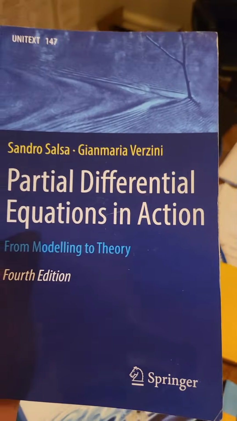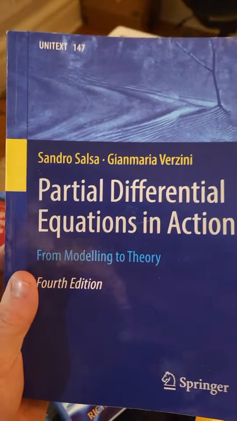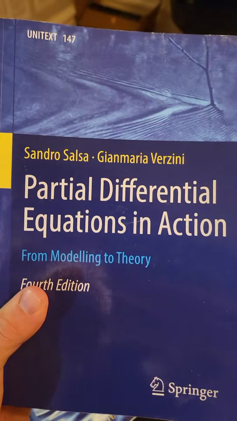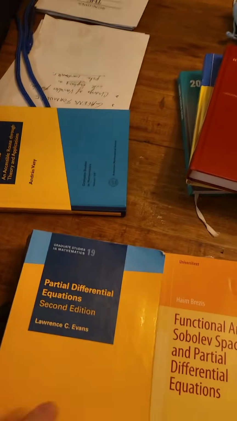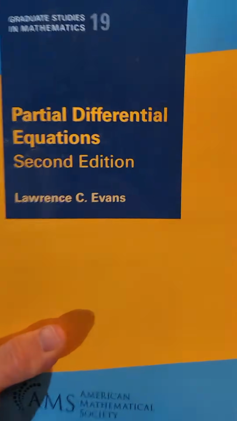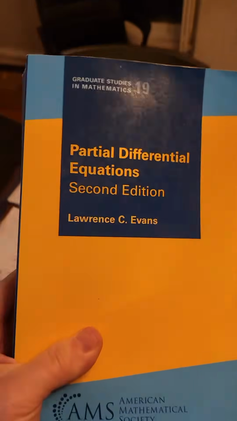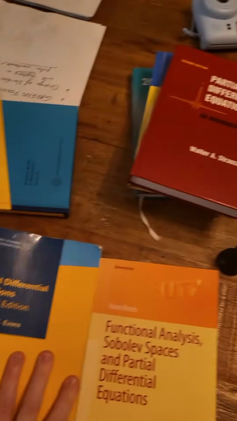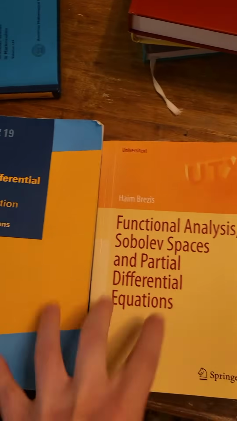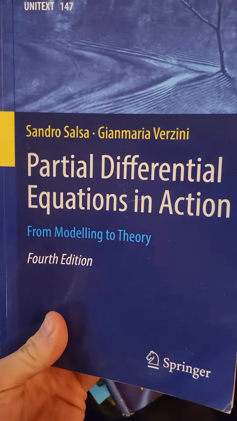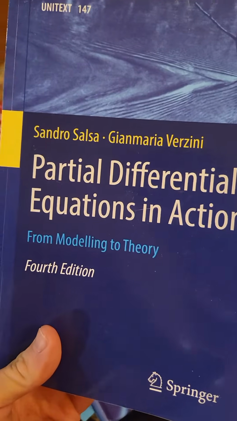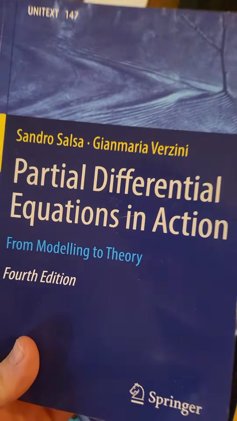Once you cover PDEs in action, hopefully you get to the point where you start calling PDEs PDE instead of PDEs. And then once you start calling PDEs PDE, you can tackle this book by Lawrence C. Evans. I'm just kidding. But no, this is going to be a difficult textbook, but this would be the third stage.